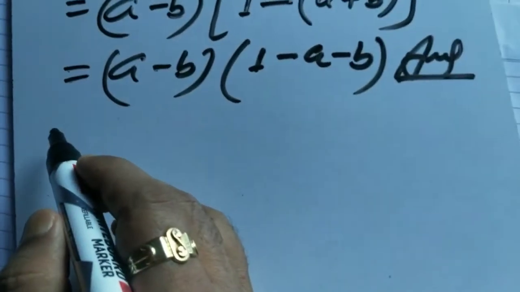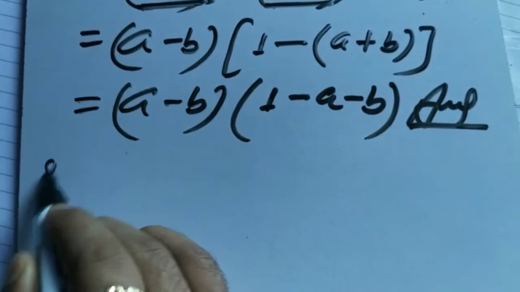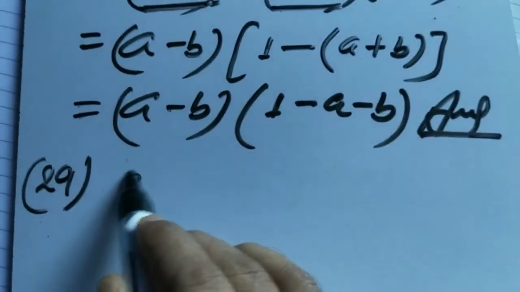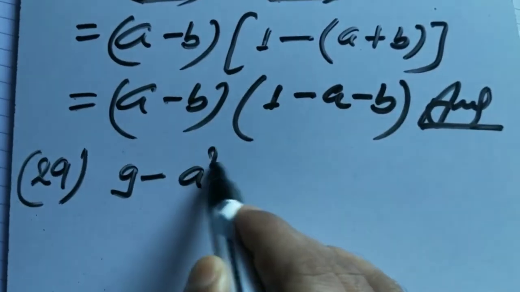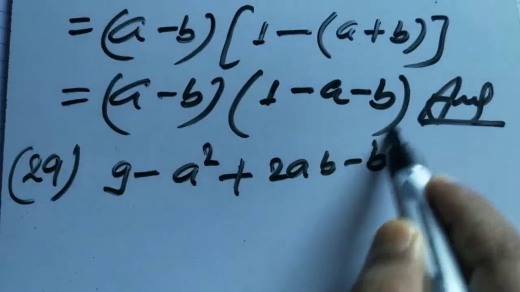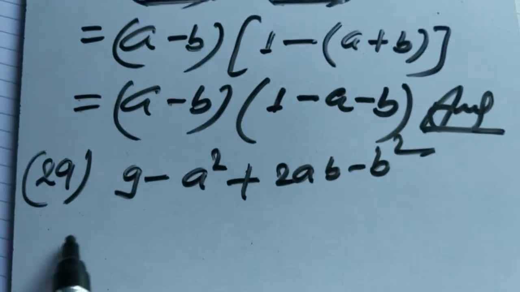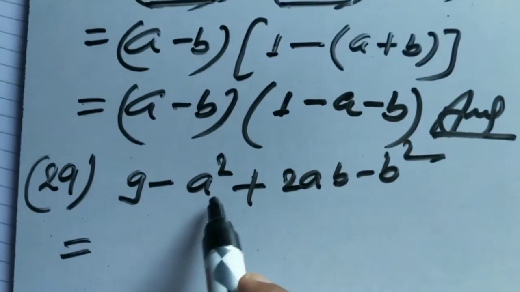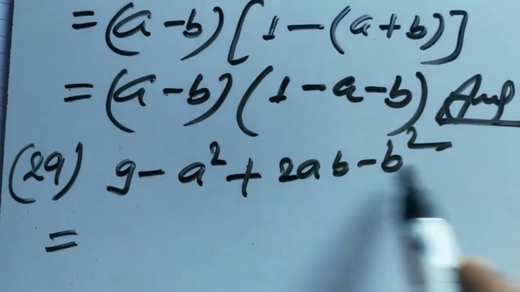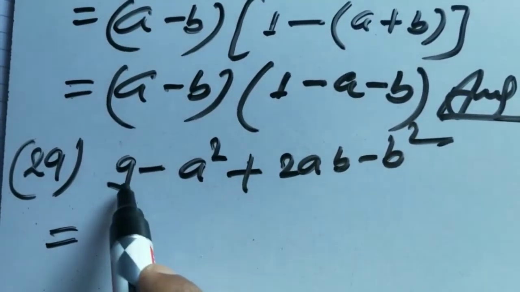Now let us see question number 29. Your question number 29 is 9 minus a square plus 2ab minus b square. So you can see a square, 2ab and minus b square. These are related to each other, and 9 is the number.